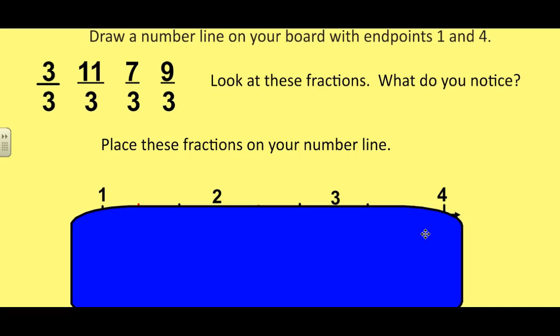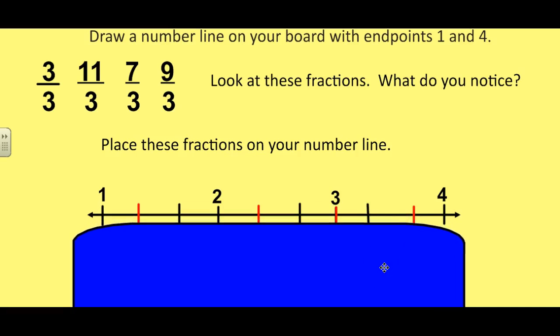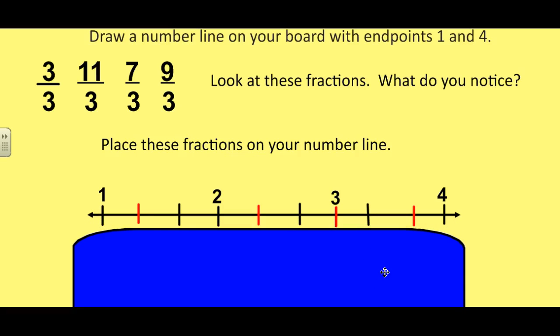And we know that in between each whole number on this number line, that is one whole. So that tells us when we have a denominator of 3 that we are going to have 3 different sections or 3 different parts between each whole number. So you need to make your number line look like mine, where you've got 3 different parts between each whole number.